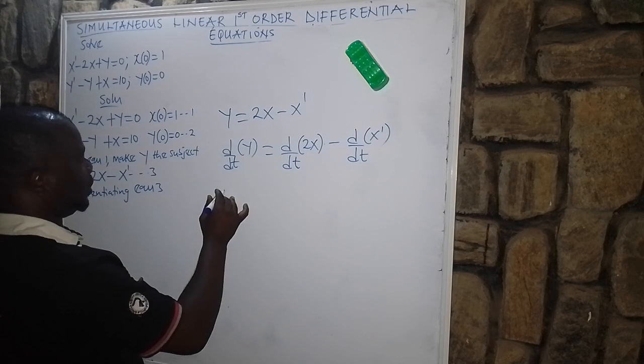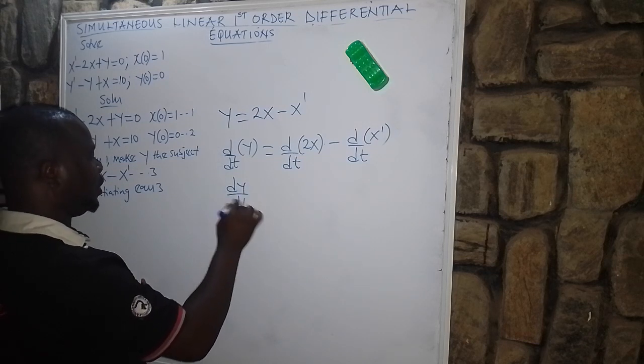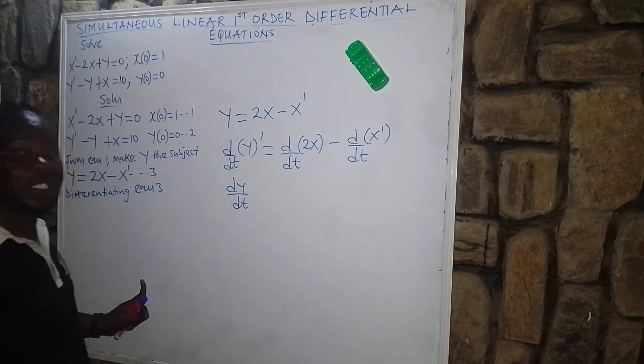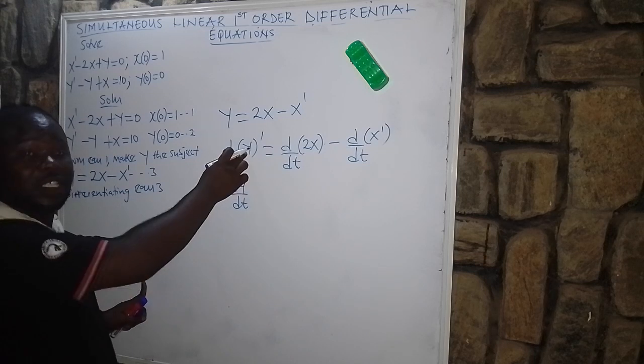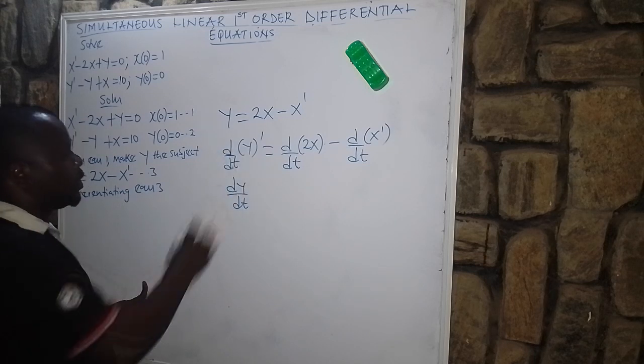So if you differentiate it, you are going to have dy all over dt. If you differentiate y it is 1, isn't it? 1 times dy is the same thing as 1. Why are we writing y? Because you differentiated for y. That is why you are seeing y.